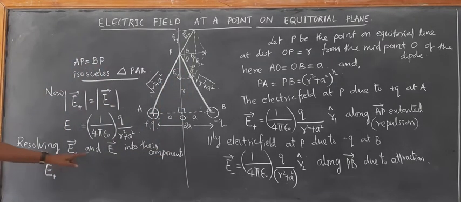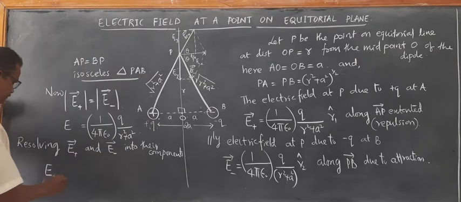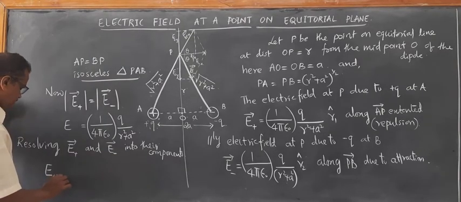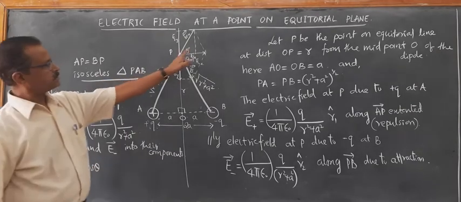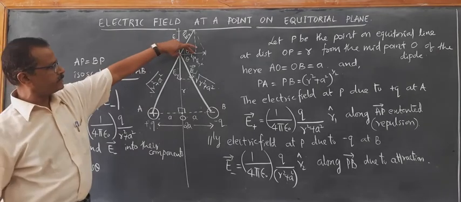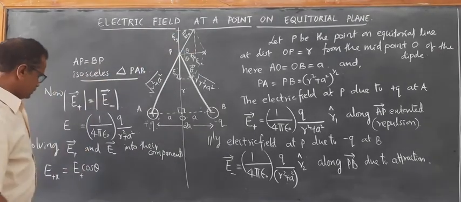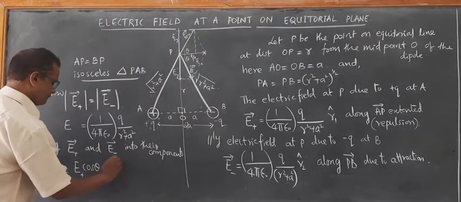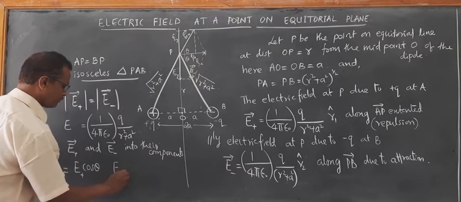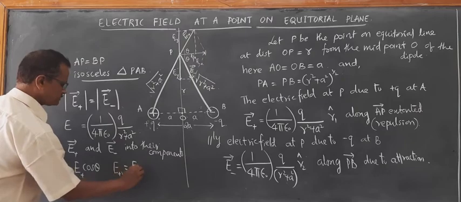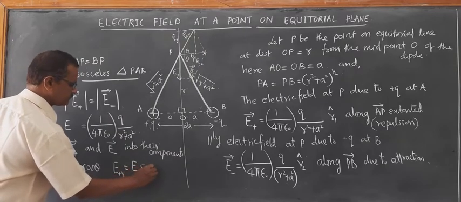Resolving E plus and E minus into their components, E plus x is E plus cos theta. I can write this E plus x component as E plus cos theta, and E plus y component is equal to E plus sin theta.